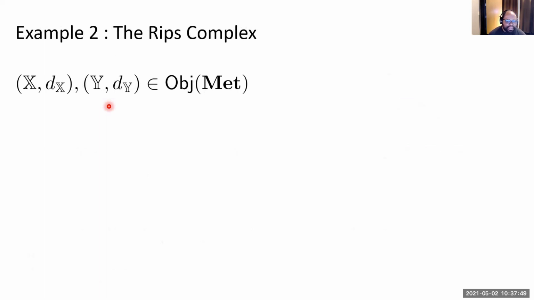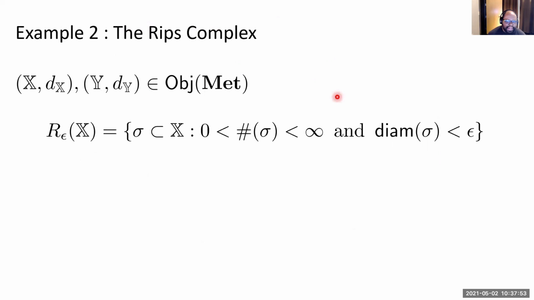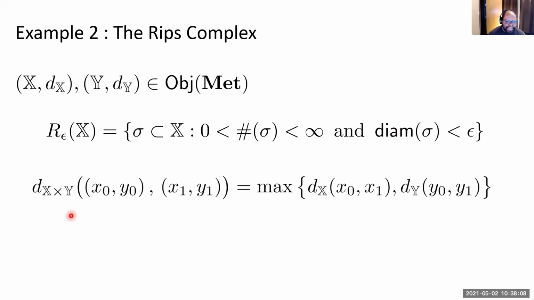Take the Rips complex, which we have seen many, many times over the last few days. At scale epsilon, it is the collection of finite subsets of X whose diameter is less than epsilon. Here's a metric we can put on the product of X and Y: we can put the maximum metric.